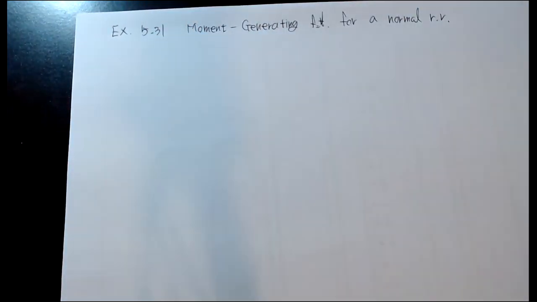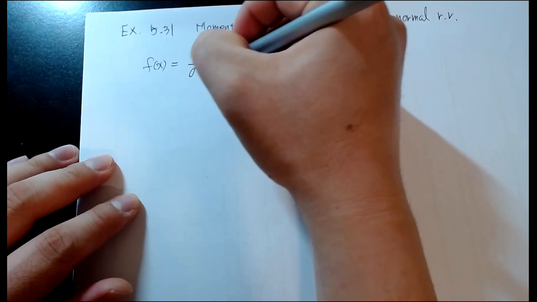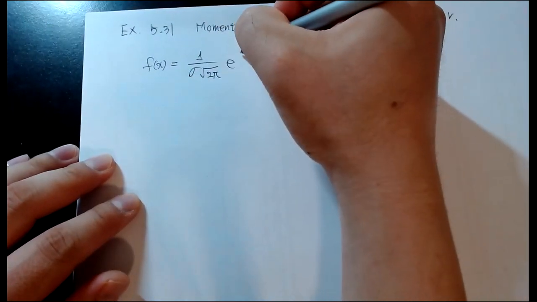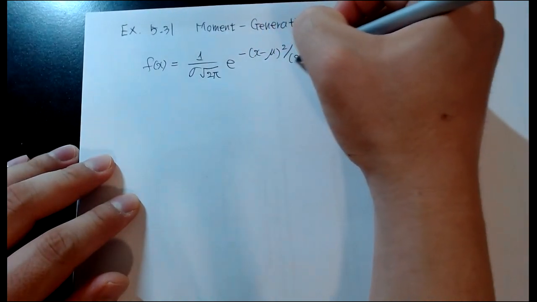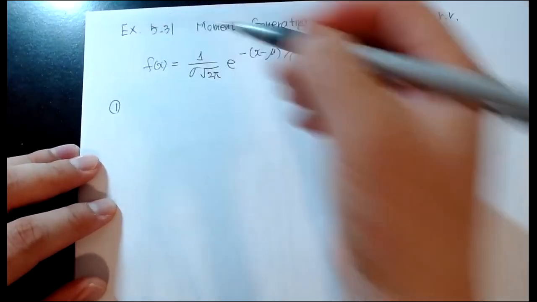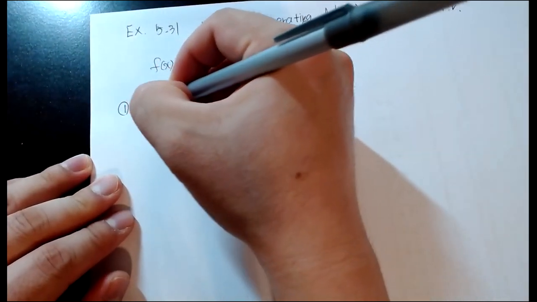Suppose that x has a normal distribution. Then f of x is 1 over sigma square root 2 pi times e to the minus (x minus mu) squared divided by 2 sigma squared. First, we're going to determine the moment generating function.